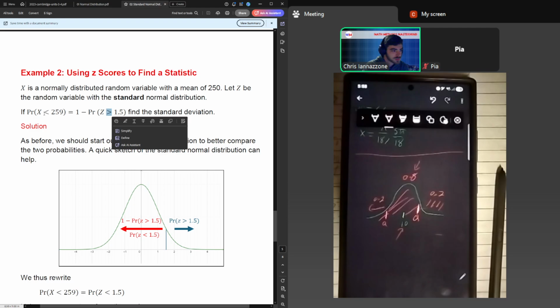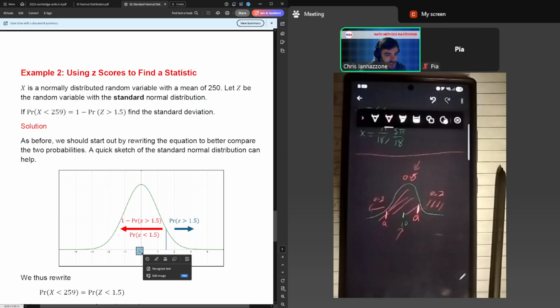Point being is that we've got this nastiness where they're in 2 different directions, so first things first, we flip them. I'm just using a standard normal distribution here, just to show you that you can always use that. We always know standard normal has a mean of 0, so you're just going to add a 0 there, and make sense of what's going on.